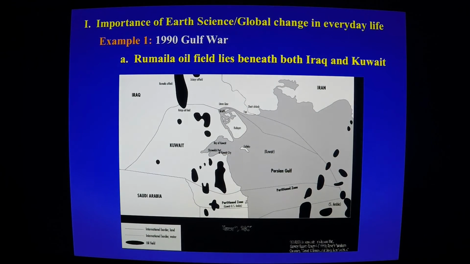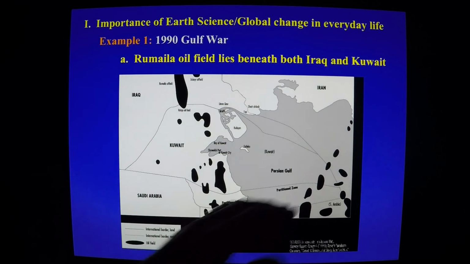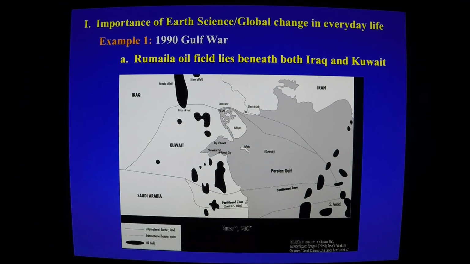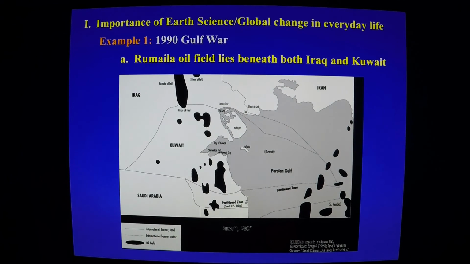So here's a map of part of the Middle East. The white area here is land, the gray area here is water, the Persian Gulf, and these dark blotches are oil fields. So what an oil field is, it's a rock layer either beneath the Earth's surface or beneath the bed of the ocean that contains enough oil so that you can extract it for profit.